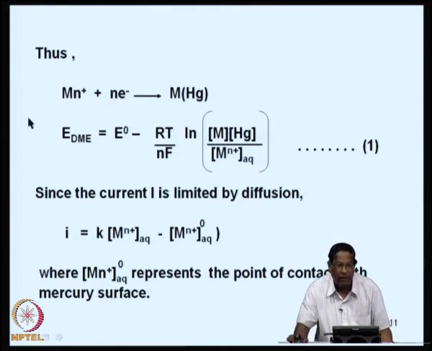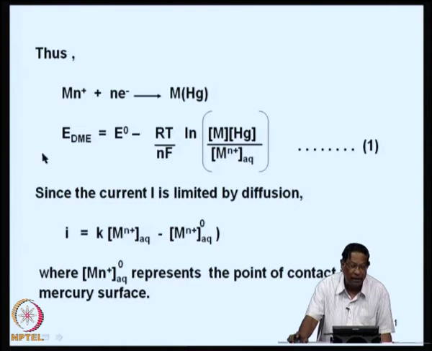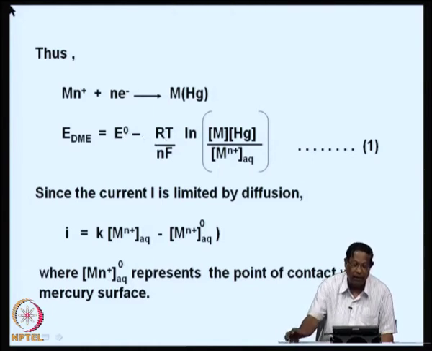So, I can write an expression, E_DME, that is the potential at the dropping mercury electrode, is nothing but the standard reduction potential E naught minus RT/nF ln of the metal in mercury concentration divided by the unreduced species, that is M^n+.